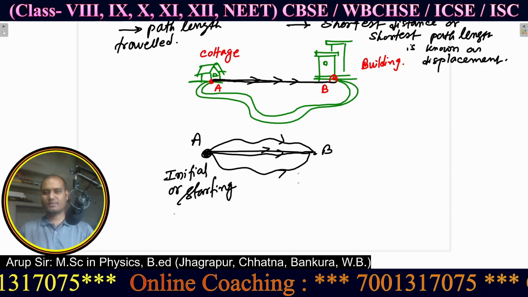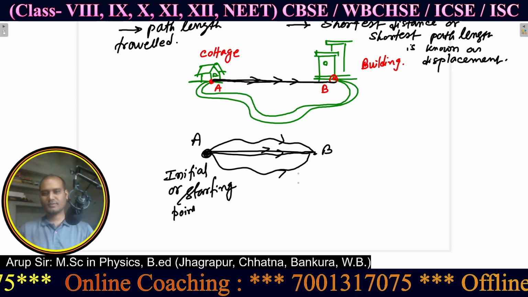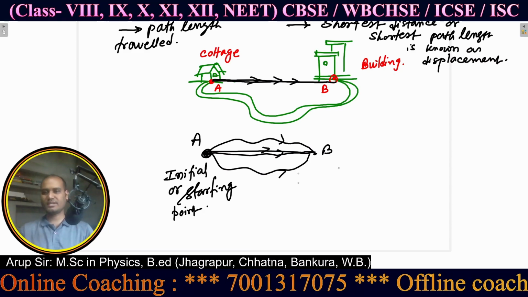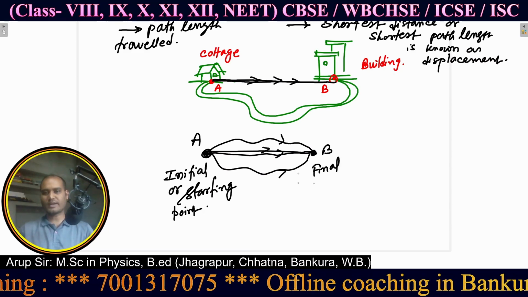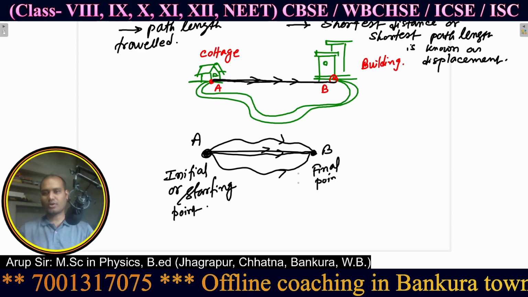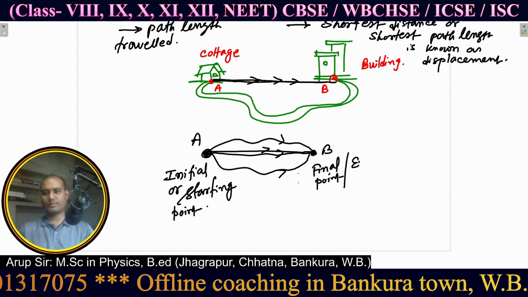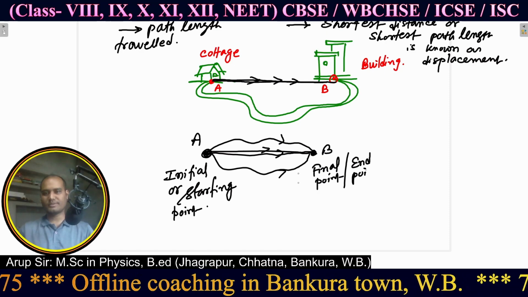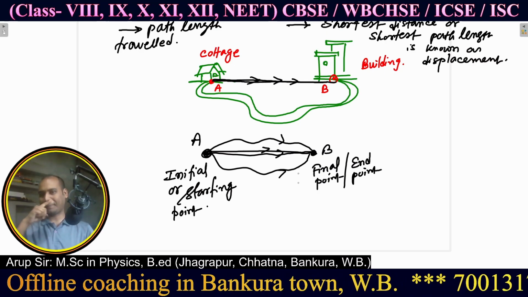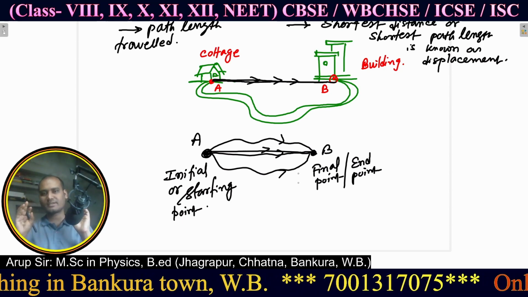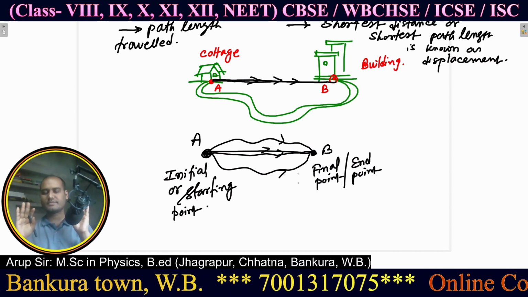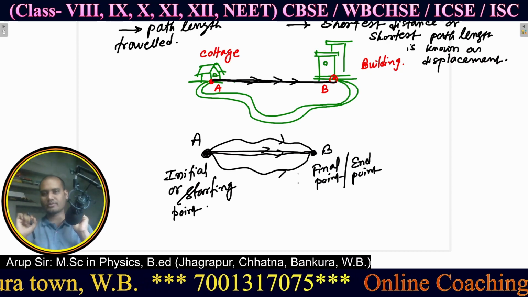So the initial point is the starting point, and point B is the final point, or even you can say the end point of the journey. So the shortest distance or shortest path length is known as displacement. It is fine, no problem about that.